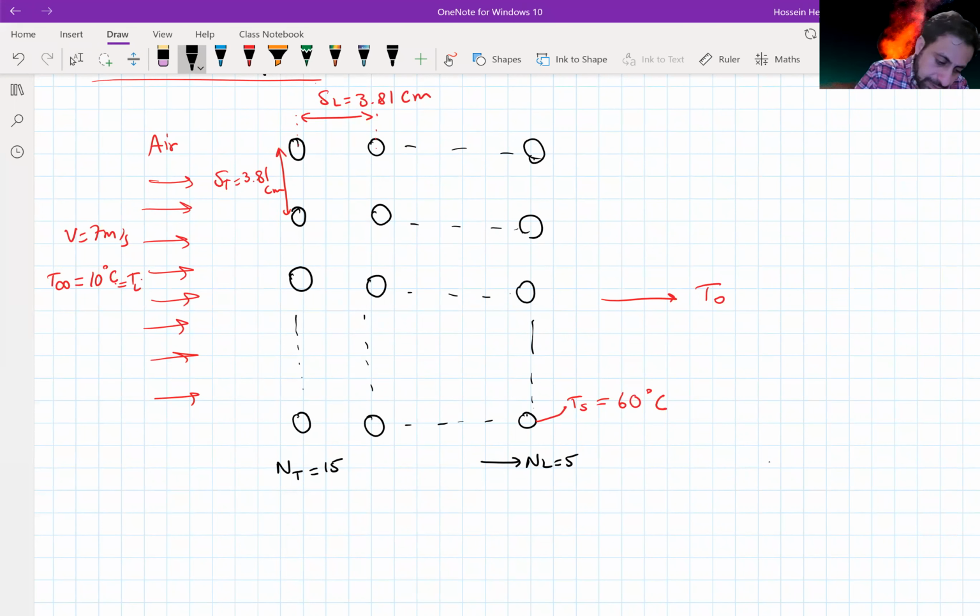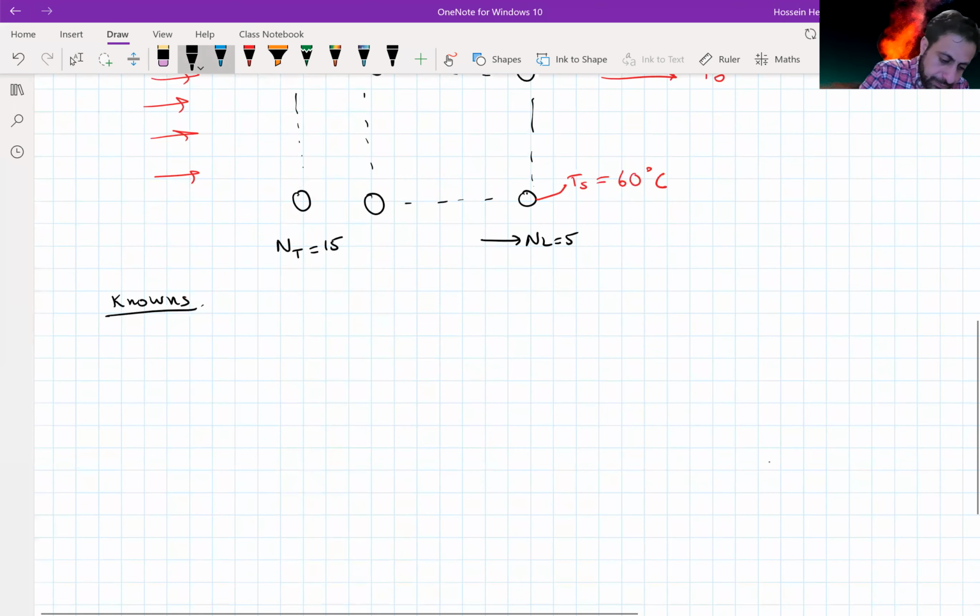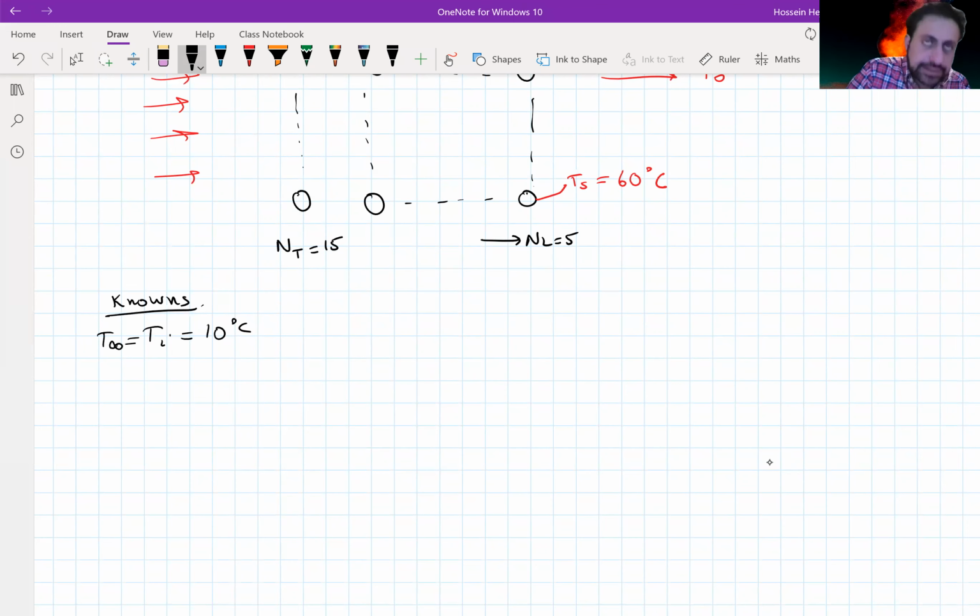The knowns, if we list the parameters that we know about this problem. So first of all, we know the temperature that air is flowing. The inlet temperature is 10 degrees C. The surface temperature is 65 degrees C. We know diameter of tubes is 2.45 centimeter, 1 inch.